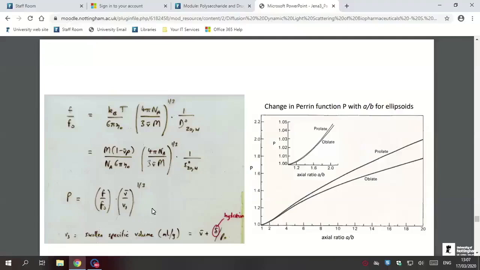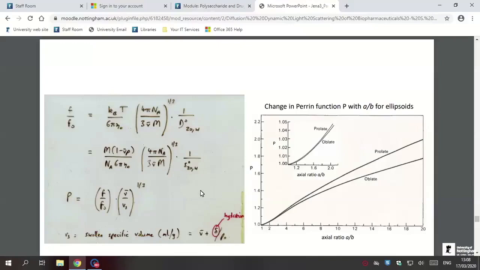Typically Vs has a value of 1 for proteins, and higher than this if there's sugar involved, or you can work in terms of the hydration, because Vs equals V bar plus delta over rho naught, density of the solvent, where the hydration value is the average value for a protein molecule is 0.35 grams of solvent bound per gram of protein.